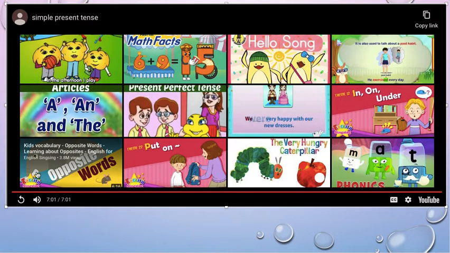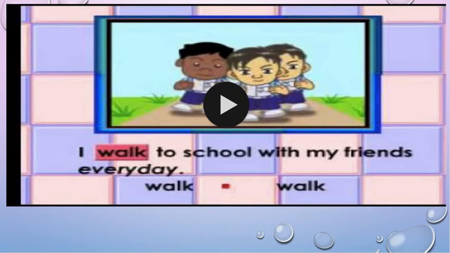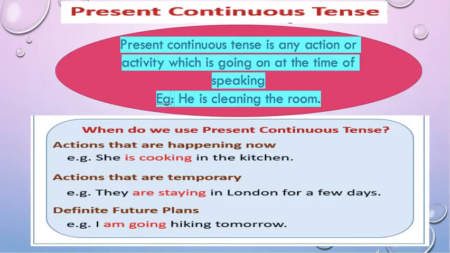Okay students, I hope you enjoyed the video and gained a lot of knowledge as well. Now let us take up the second topic, that is present continuous tense. So what is present continuous tense? Present continuous tense is any action or activity which is going on at the time of speaking.